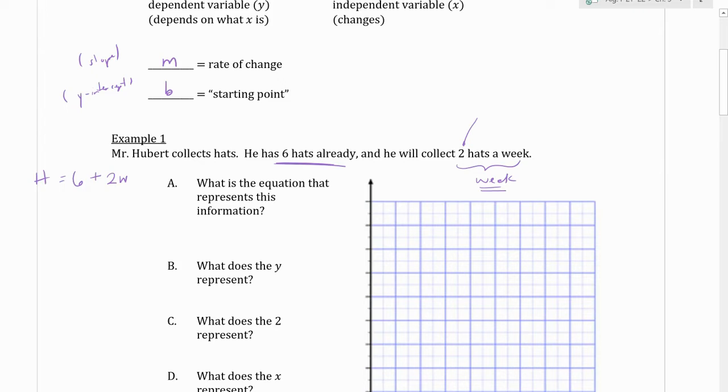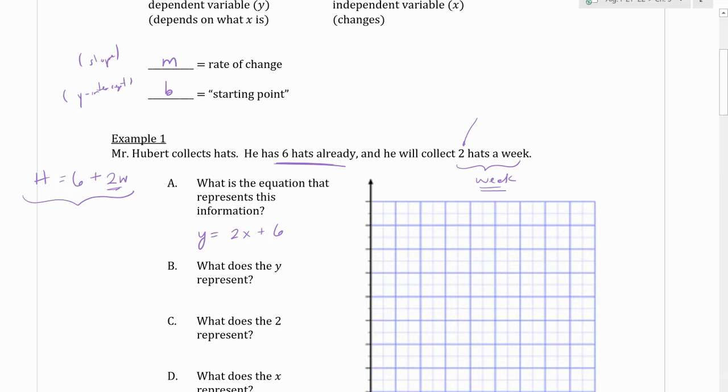Personally, I would like it in terms of how many hats he has is 6 plus 2 times every week he spends. But we're probably going to put this in slope-intercept form with y's and x's because that's what you're most familiar with. So we're going to say 2x plus 6.